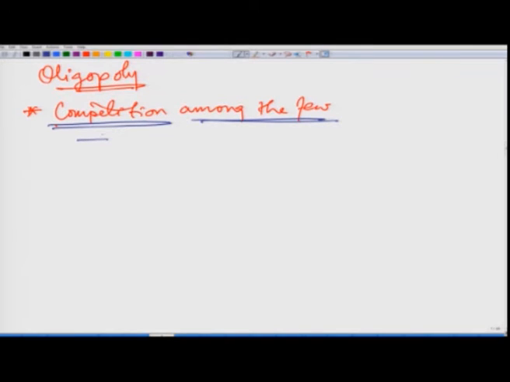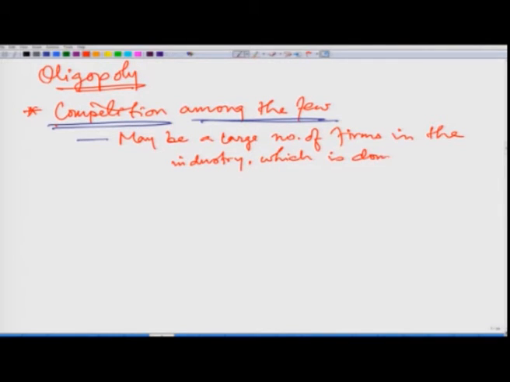Which basically states that there may be a large number of firms in the industry which is dominated by few. Yes, so even if there are say 20 firms, it can be dominated by 4, so the competition is only among 4. The rest 20 is not.